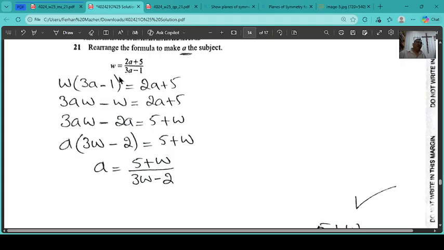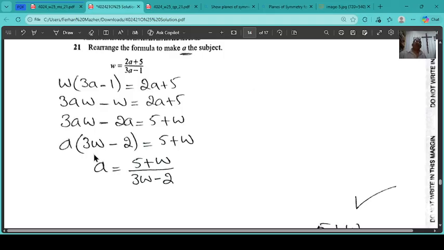So what I will do, I will cross multiply. W bracket start 3a minus a bracket close equals 2a plus 5. So you will have 3aw minus w equals 2a plus 5. The terms which have a, bring them on the same side. So 3aw minus 2a equals 5 plus w. From these two terms, you can take a common.